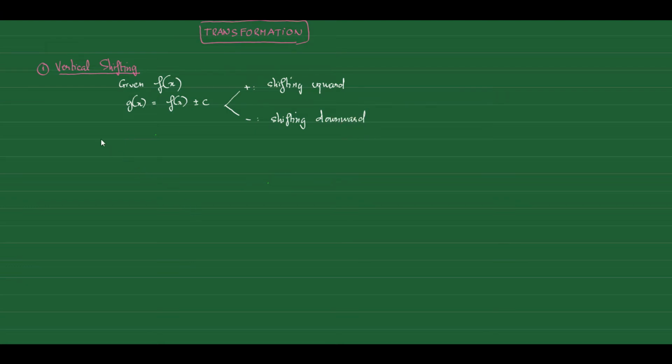Okay, now let me give you one of the basic functions we already learned in the previous section. What if I have a quadratic function? What if I have something like this? Let's sketch the coordinate system.